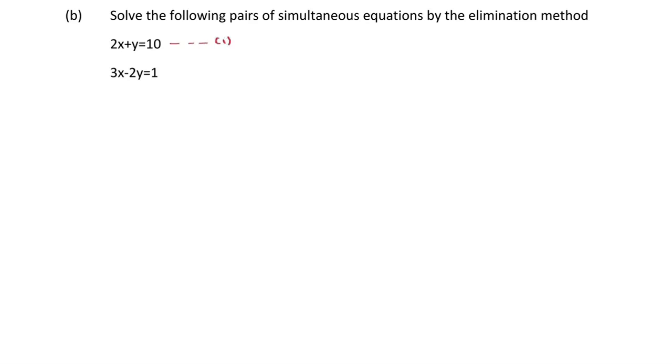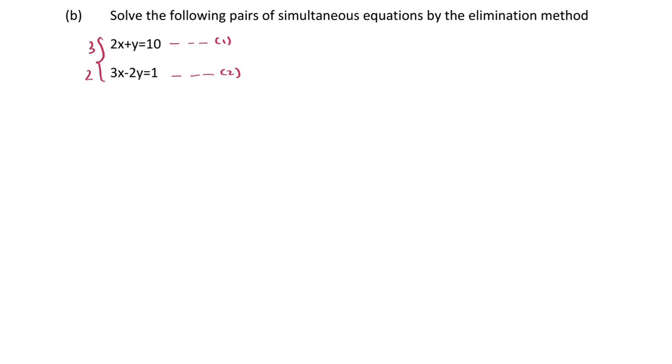And then we've been given 3x minus 2y equals to 1. Let us call this as equation number 2. Okay, so next we are going to eliminate x. Let us now multiply equation 1 by 3 and equation 2 by 2 in order to make terms containing x to be similar for both equations.